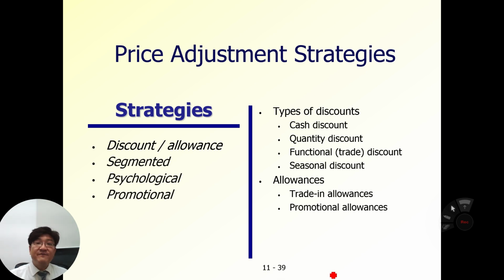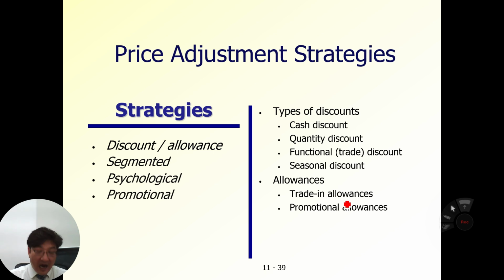If you cut the price of your product, then you call it discount. So a functional discount and promotional allowance are basically asking for the same thing, but the difference is that discount is cutting the price of the product, and allowance is giving lump sum money.